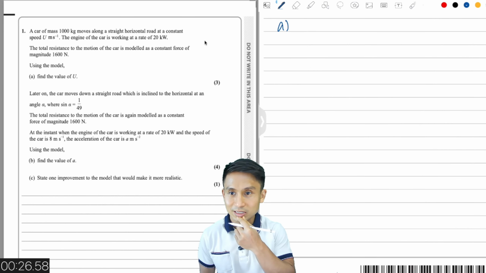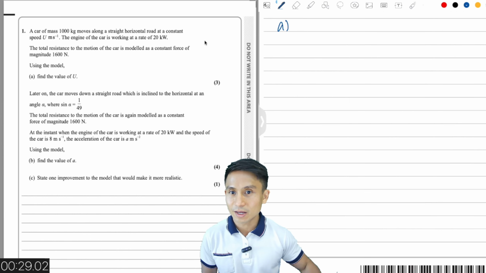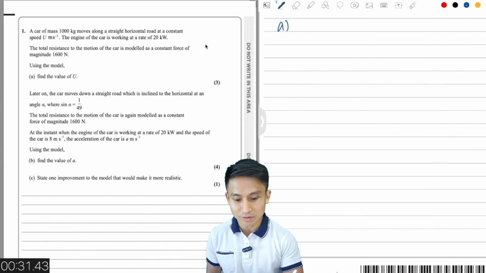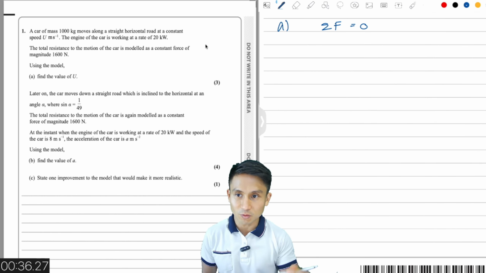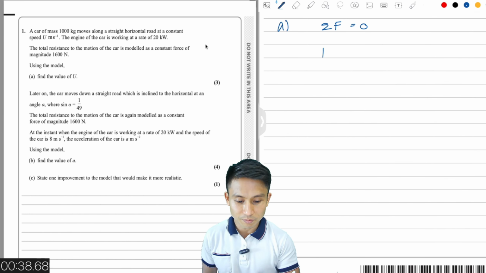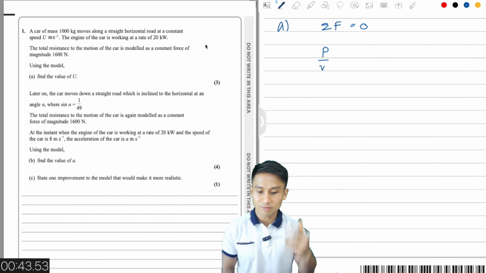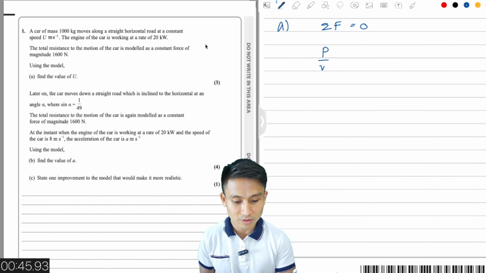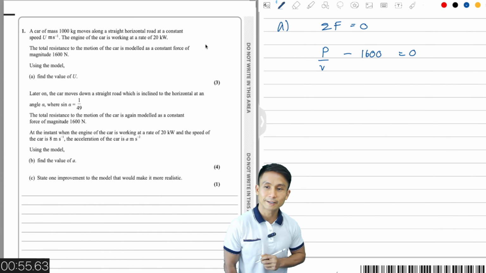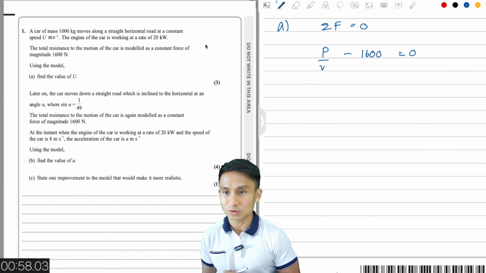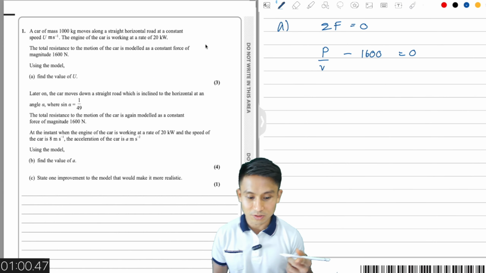Right, so this is constant speed motion. That means sigma F equals 0. The driving force would be the engine force, which is P divided by V, power divided by speed, minus the resistive force being 1600, and this will be equal to 0, because the total resistive force is 1600 and this gives a constant speed.